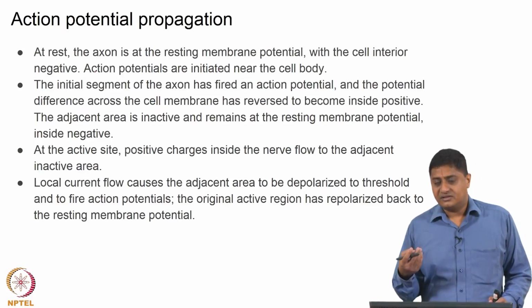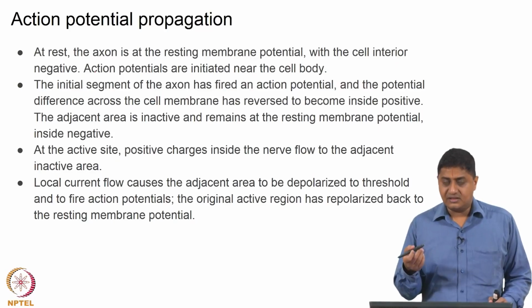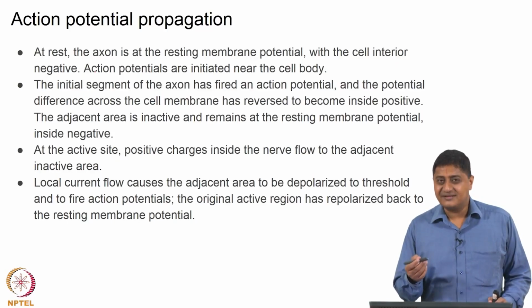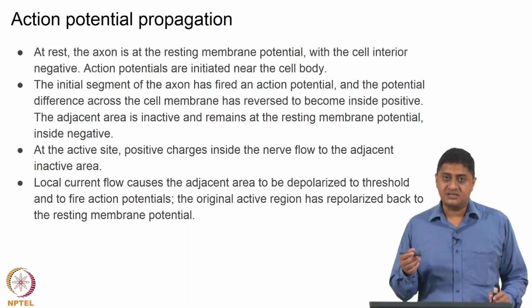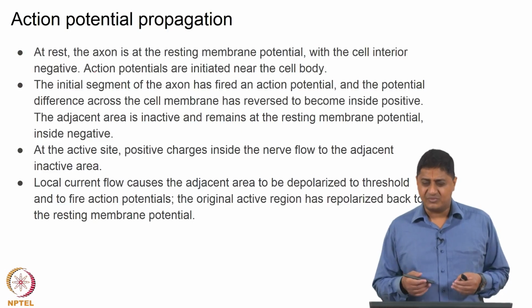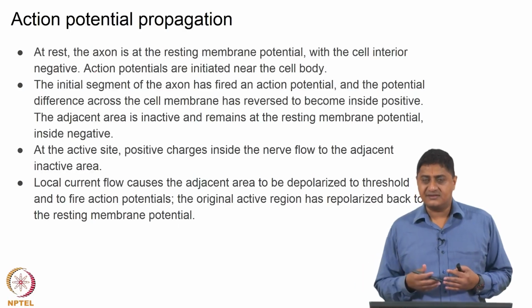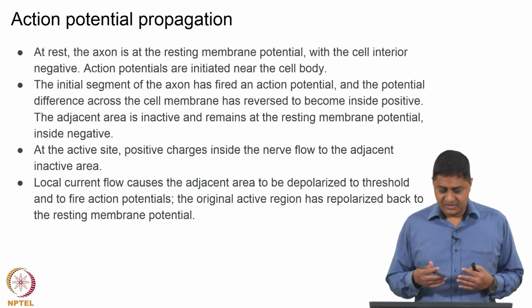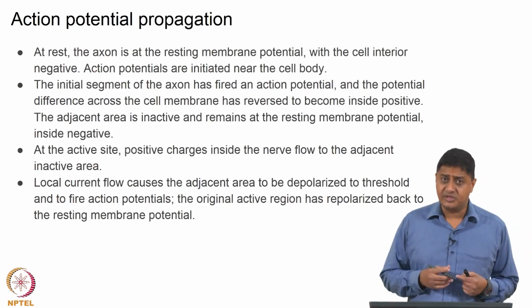Whenever the initial segment of the axon fires an action potential, this potential has the ability to cause action potential in neighboring regions, because it turns out that the amount of sodium that enters through the voltage gated sodium channel diffuses through the intracellular fluid, causing the nearby areas to become depolarized.